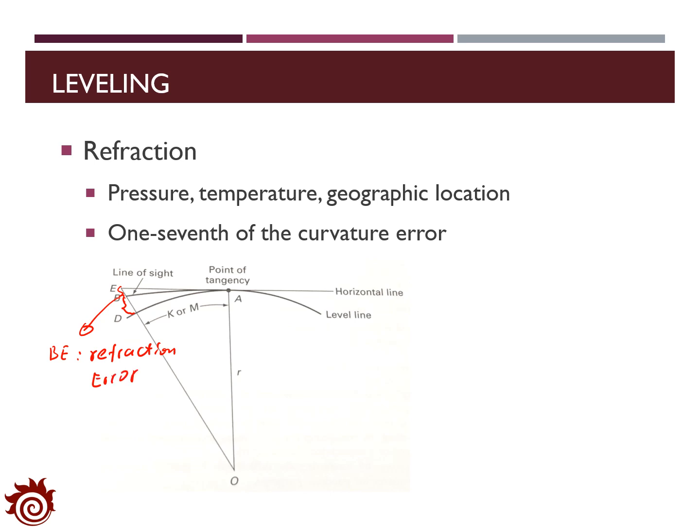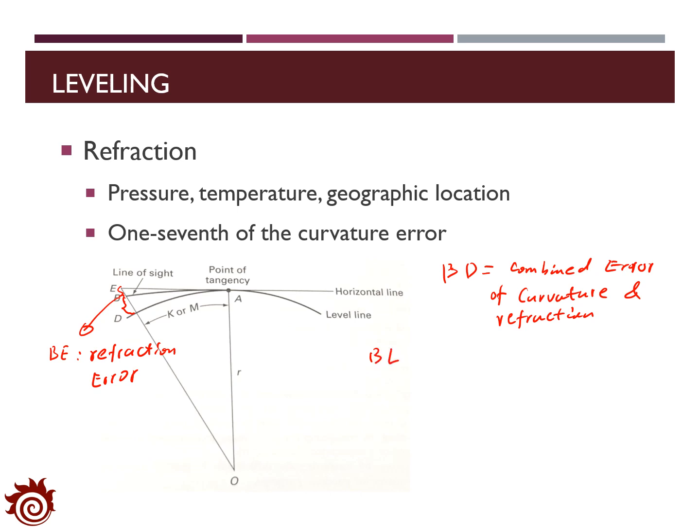And B to D becomes the combined error of curvature and refraction. Usually the refraction error B to E is only 1/7 of the curvature error.